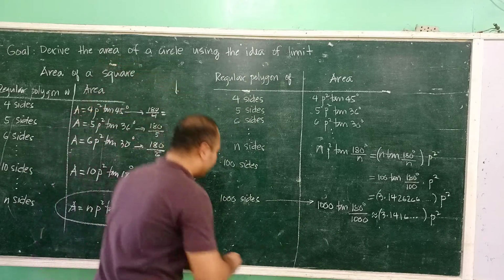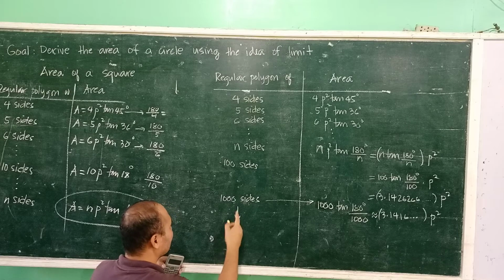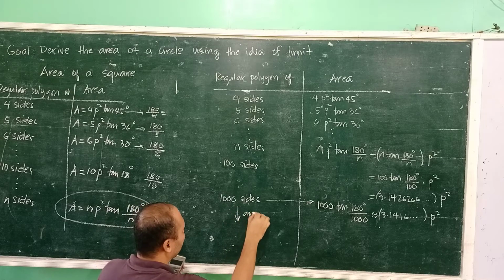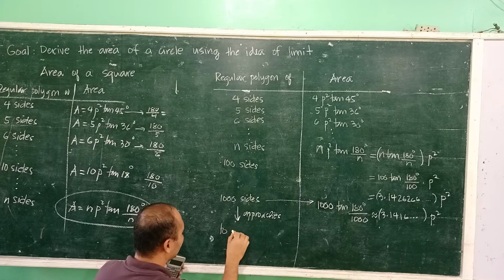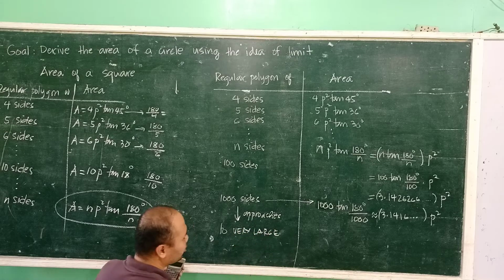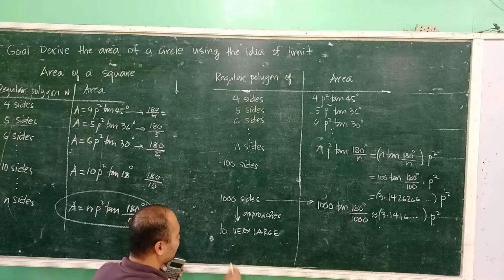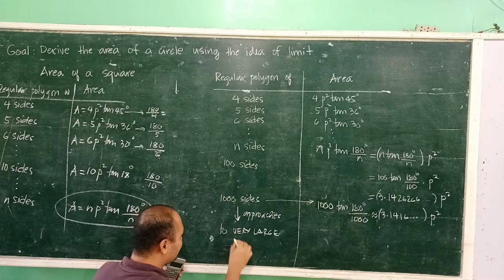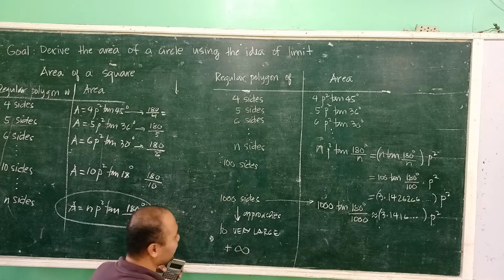So when the number of sides is very big, you can actually try 1 million here. When the number of sides approaches a very large number, mathematically we say it approaches positive infinity.